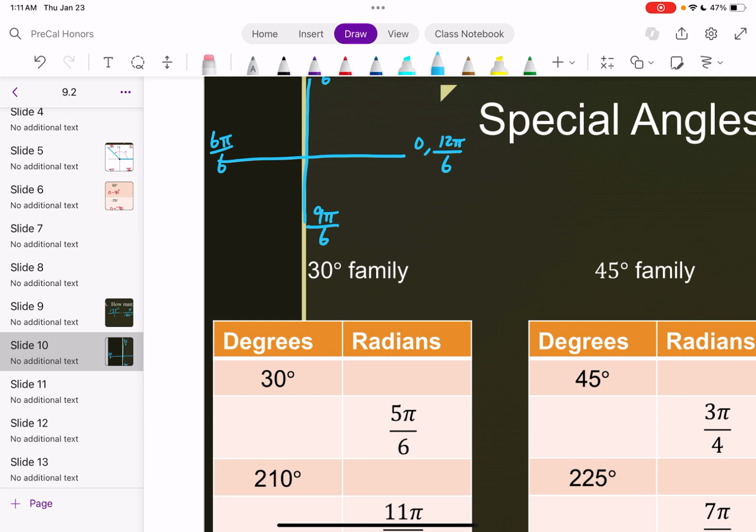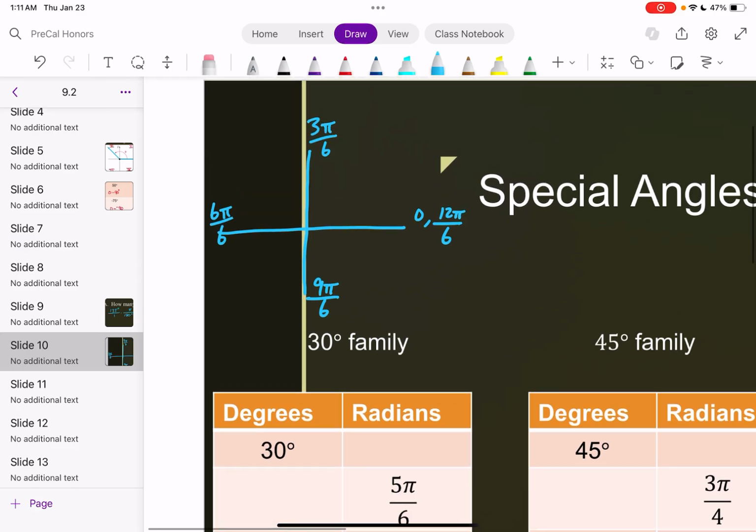In this case, due to us having 30, our initial line of pi over 6 would be 30 degrees.